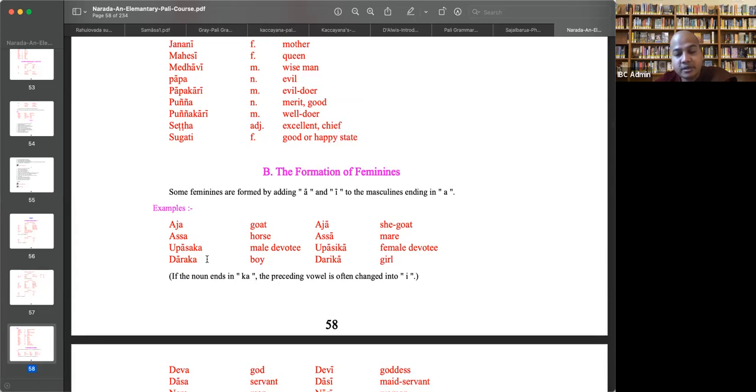If you just go by the rule and try to identify words, with short a as masculine and long a as feminine, then I think it would not work well in every case. Daraka means boy, Darika is a girl. Here again, not just the last vowel became long, but the a before ka also changed to e.